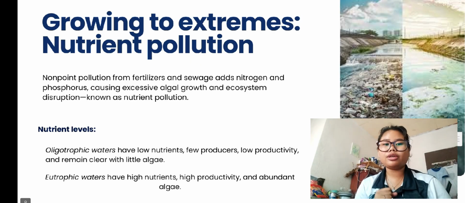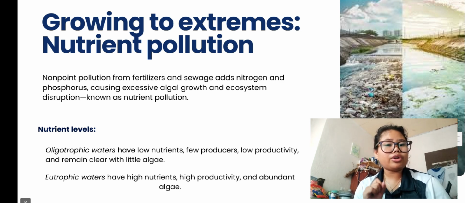Growing to extremes: nutrient pollution. Non-point pollution from fertilizers and sewage adds nitrogen and phosphorus, causing excessive algal growth and ecosystem disruption, known as nutrient pollution. There are two levels of nutrients in waters: oligotrophic waters and eutrophic waters.